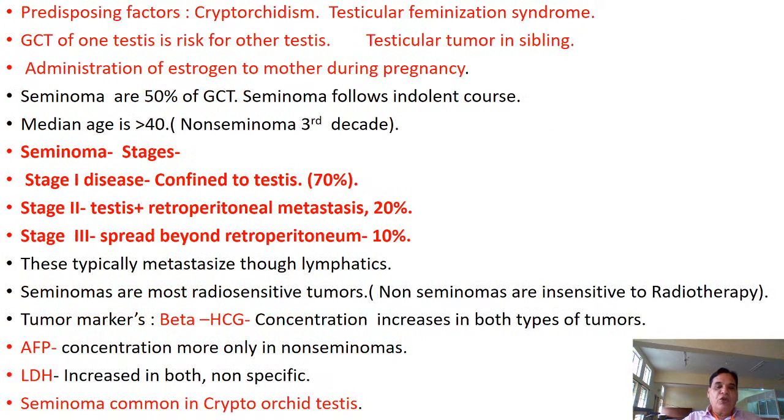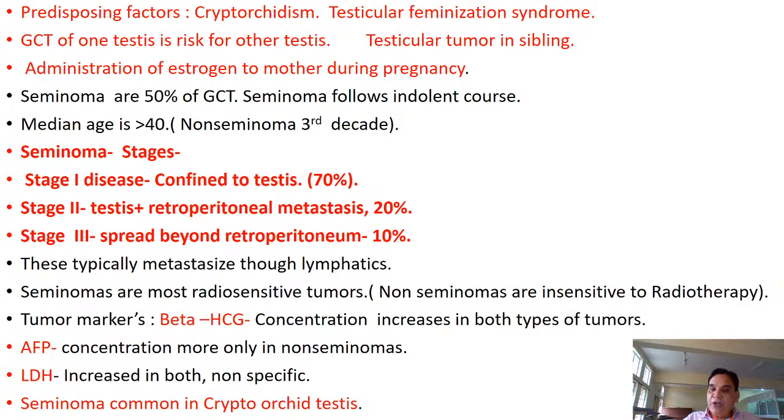Okay. Now we go to the factors. What are the causative agents? The commonest causative agent for seminoma is cryptorchidism, that is undescended testis. Testicular feminizing syndrome is a genetic syndrome. And GCT, germ cell tumor, occurring in one testis has a risk of the other testis developing GCT.